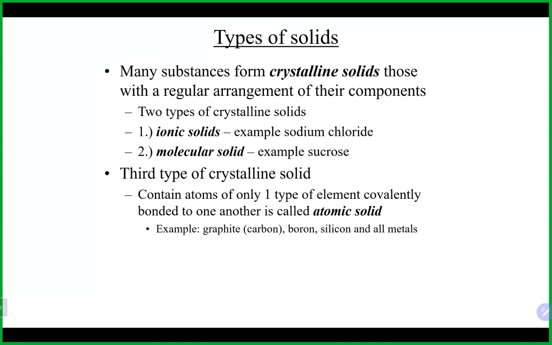Certain solids, like ionic solids, have long range order, which means you could take an ionic compound and cut out a little piece of it, and just from that little piece you could recreate this three-dimensional structure, because it has a lot of repeating patterns.